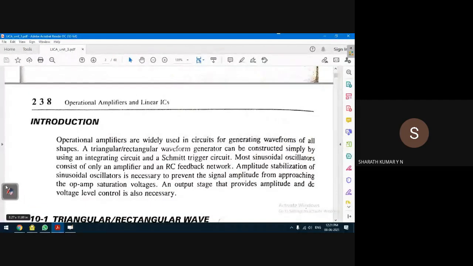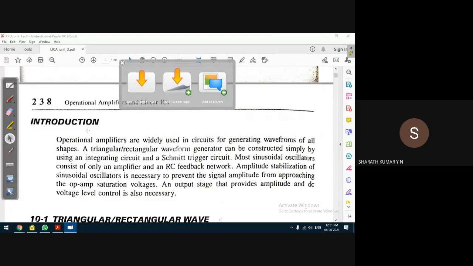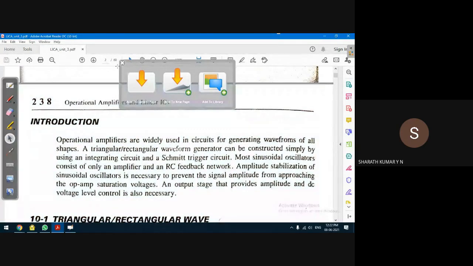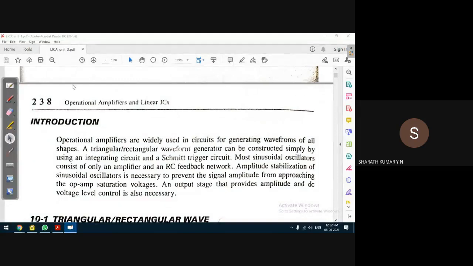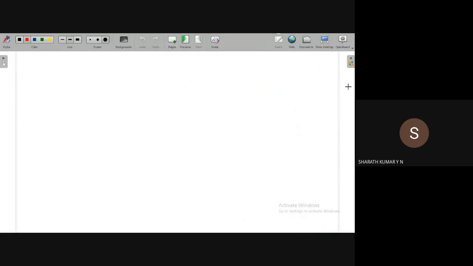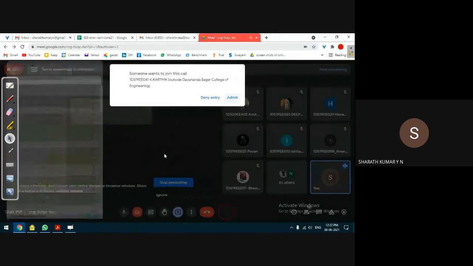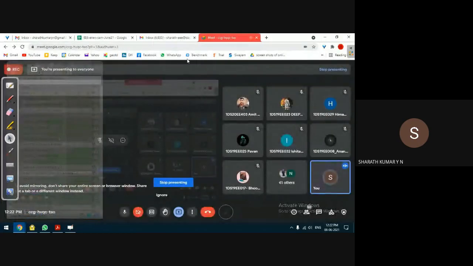As the name suggests, signal generators. Different types of signals. In fact, especially in the ADC lab, we have seen this. We had seen that function generator.